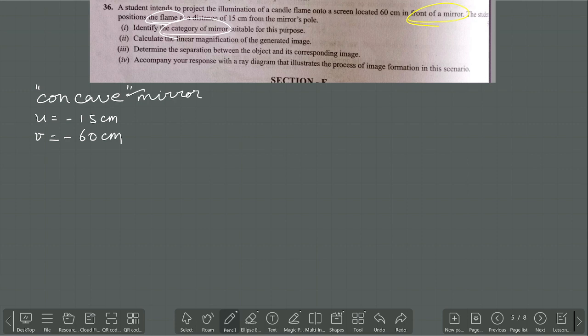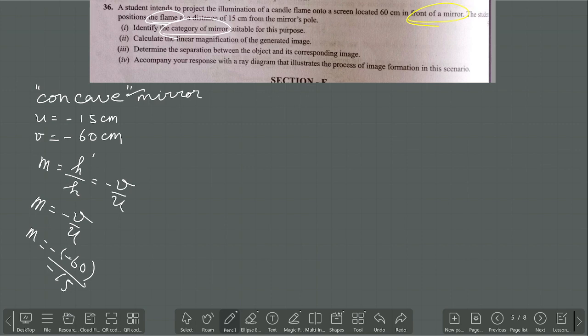What is the formula to calculate magnification of the mirror? M is equal to h dash by h. This we can also relate along with the object distance and image distance. We can write it as M is equal to minus v by u. So M is equal to minus, what is the value of v? Minus 60 by the value of u, it is minus 15.